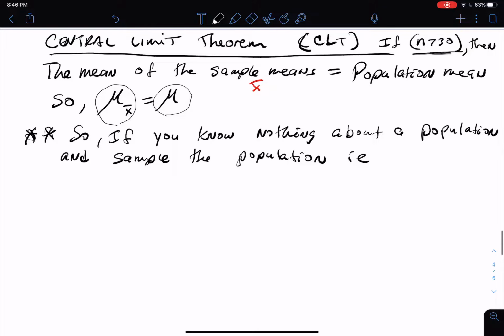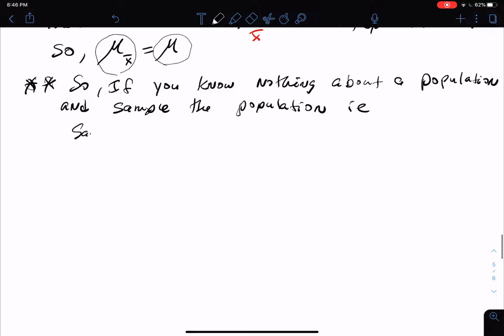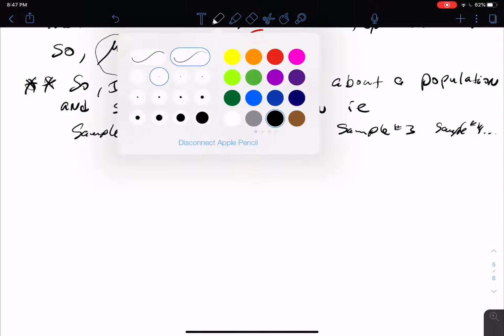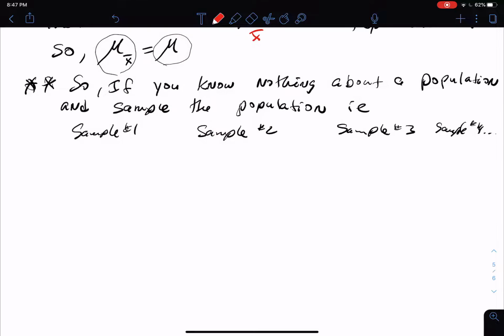Well, like I just showed on the other page: take sample number 1, sample number 2, sample number 3, sample number 4, and so on. Within each one of those samples, we want that sample to be bigger than 30. Then for each sample, we can add the values up and divide by the n value, and figure out the average of each sample, called the sample mean, or X bar.